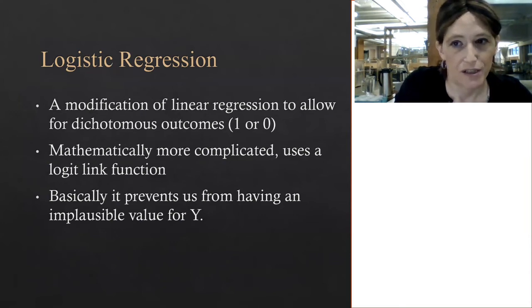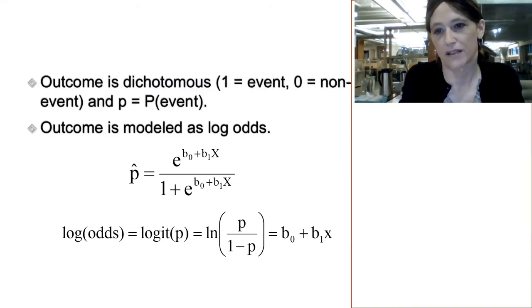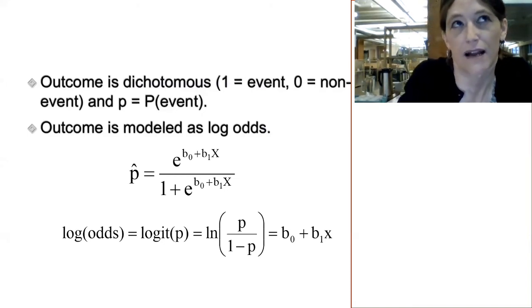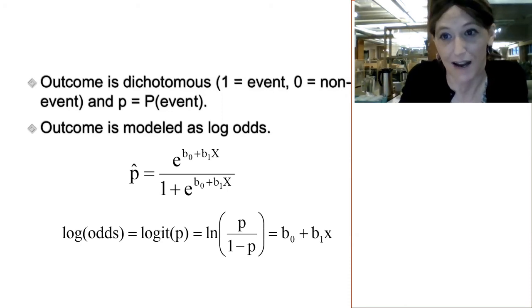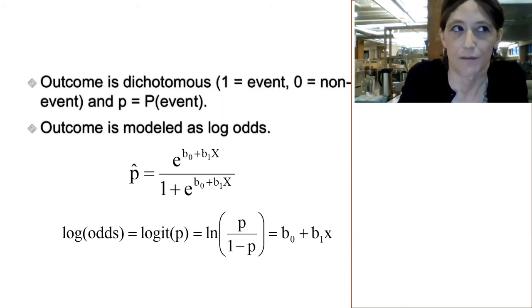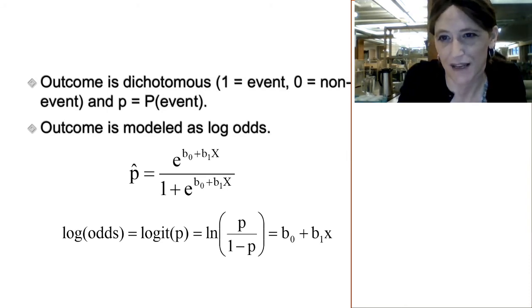Logistic regression is a really important technique in the health sciences, particularly because we're often dealing with health states that we characterize as yes, no. So a diagnosis, having a disease, not having a disease, being exposed, not being exposed. We tend to think in terms of these binaries with disease and health states.